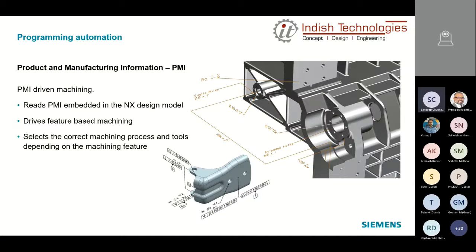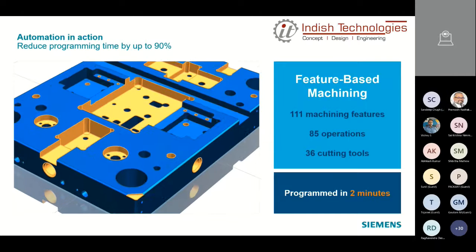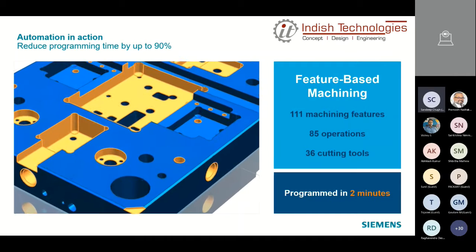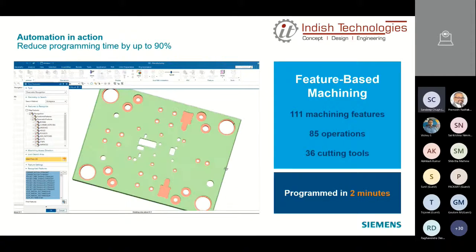So if you give PMI the right way, NX will create the right operation using feature and PMI only. It understands why H7 is given. It understands why that surface finish is given.